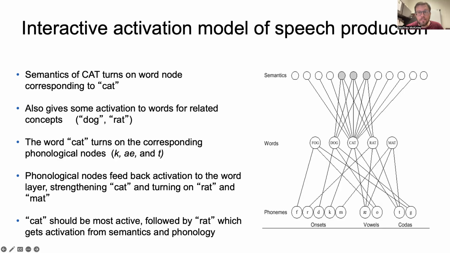They're most likely to get the picture naming task right. However, in cases in which they get it wrong, let's say if it's a speeded task where they have to say it as fast as possible, they're more likely to say rat than dog. In other words, they're more likely to make mixed errors, errors that reflect both semantics and phonemes. Okay.